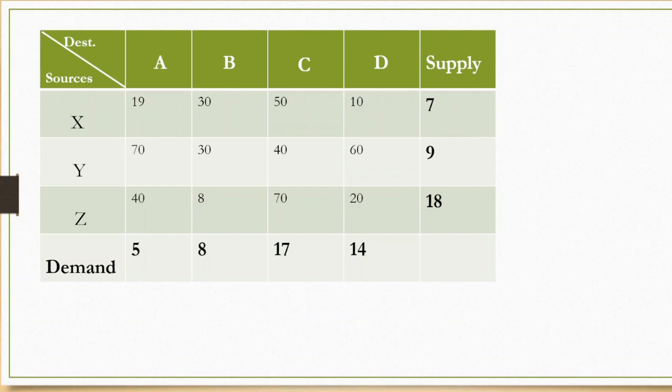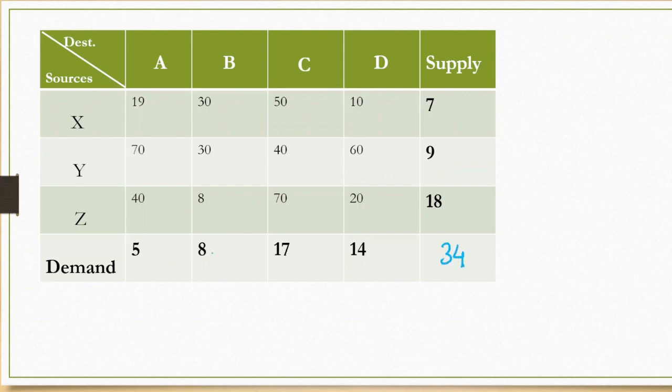In this, again, it's very simple to calculate. So first of all, the first step is to check whether it's a balanced or an unbalanced transportation problem. So we could easily calculate 7 plus 9 is 16, 16 plus 18 is 34.